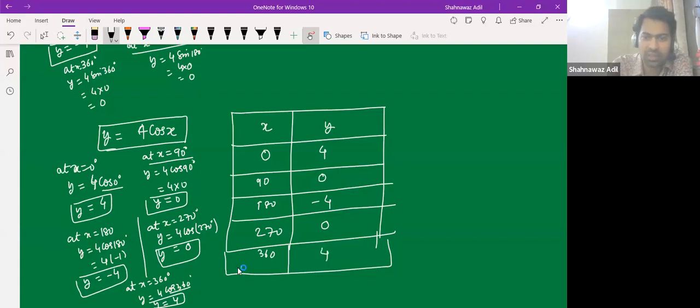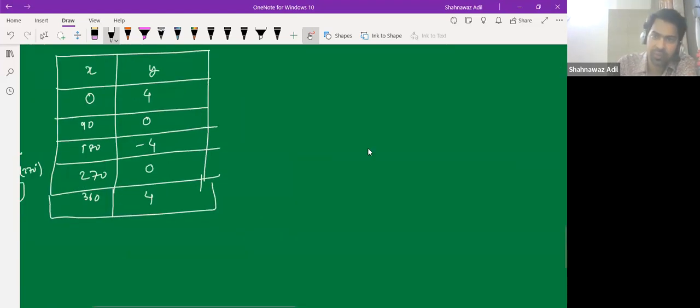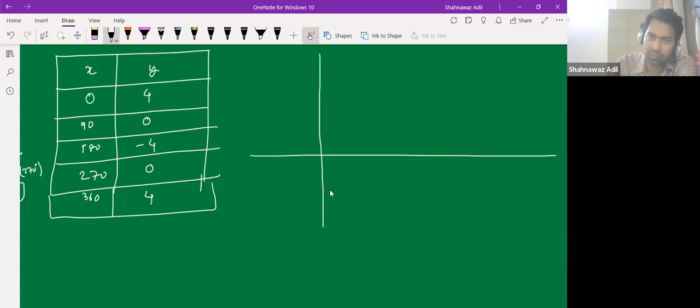So now let us draw the graph of y equals 4 cos x. Again, the maximum point is 4 and the minimum point is minus 4.